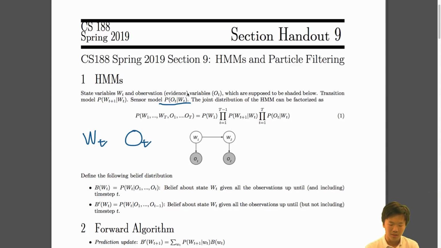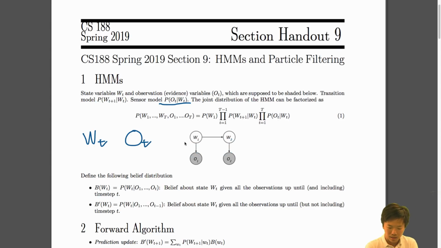From the format, we can conclude that this is a probability table of the observation at a particular time step given the hidden state at that time step. In this figure over here, this probability table is given by these two vertical edges.